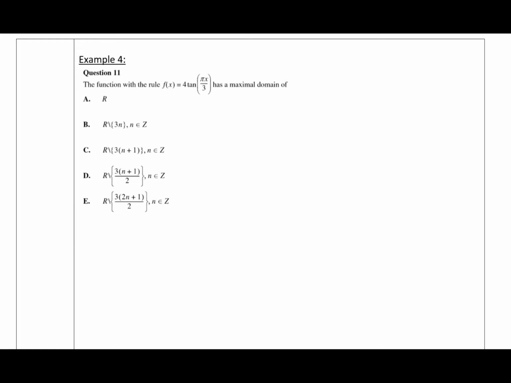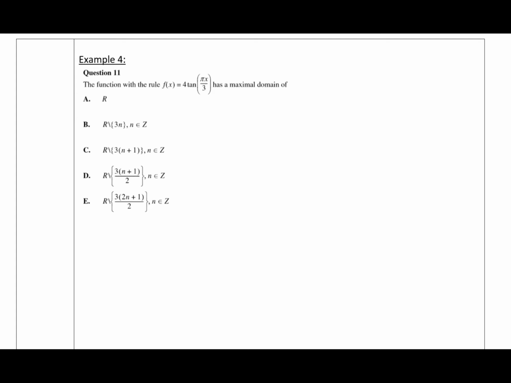Another common occurrence for general solutions in the exam, this is of the VCE curriculum, is usually in exam 2, where you'll find a multiple choice. Now it says here the function with the rule f of x equals 4 tan pi x on 3 has a maximal domain. So what we need to think about is what is the domain of tan?